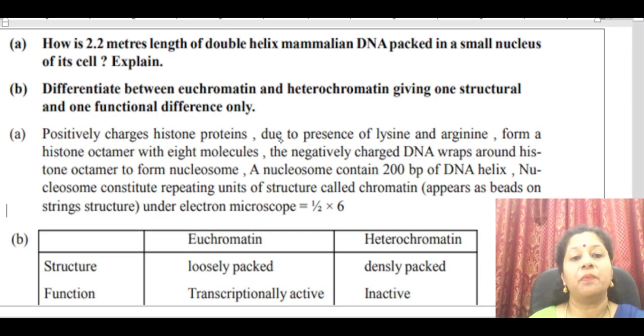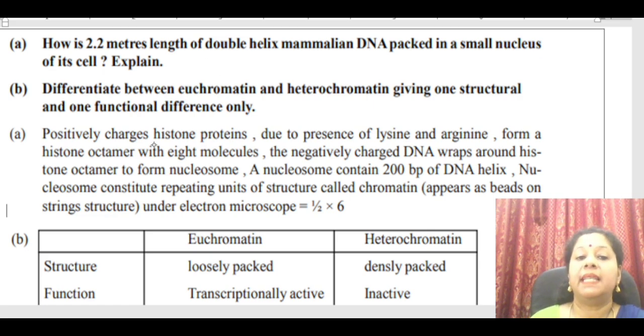How is the 2.2 meters length of double helix mammalian DNA packed in a small nucleus of its cell? Explain. Positively charged histone proteins, due to the presence of lysine and arginine, the two basic amino acids present in histone protein, form a histone octamer with 8 molecules.